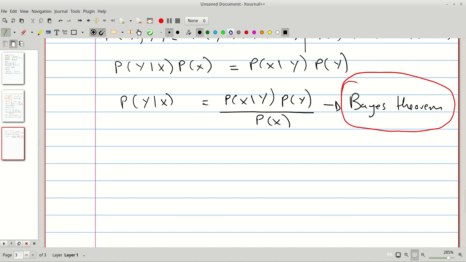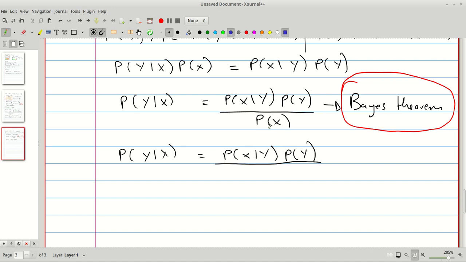Let me use a different color just for the denominator. The probability of y given x is equal to x given y times the probability of y, divided by the probability of x, but we can write the probability of x in a different way.